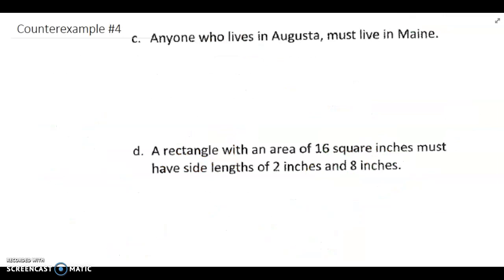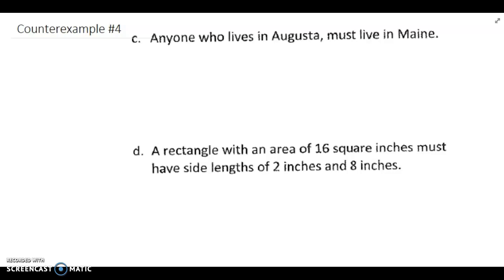All right, let's look at C. Now, this is a non-math example, so some of you might actually like this one better. It says, anyone who lives in Augusta must live in Maine. Okay, so what would be an example that would prove this statement false?